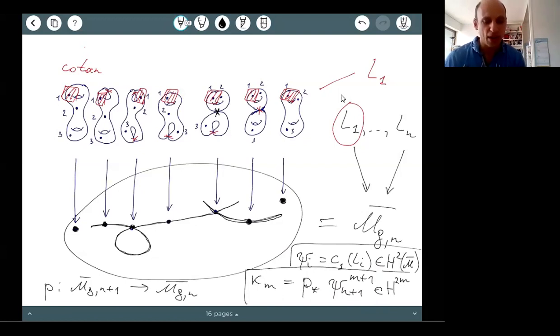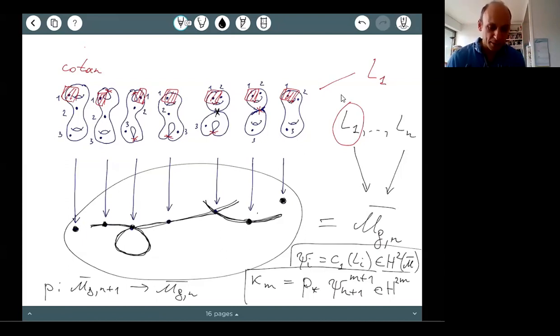So when we work in the cohomology ring of M_{g,n} bar, we have many classes to work with from the start by using the boundary strata and the boundary components. So the components of this divisor and their intersections, and also psi classes and kappa classes.